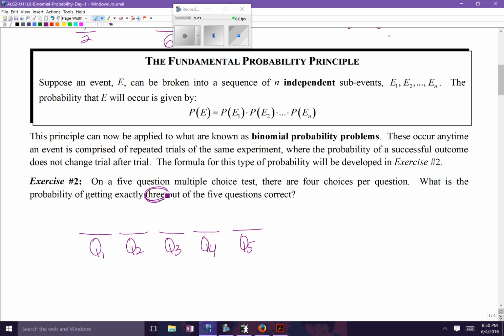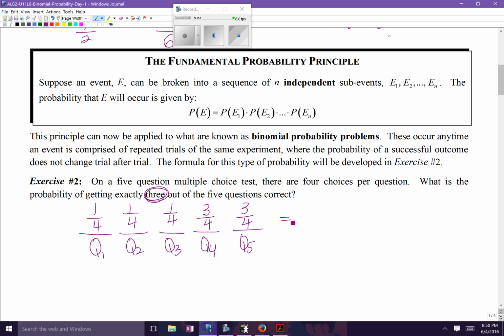Well, the probability of getting a correct answer on a 4-choice question, there's only one correct answer out of 4. 1 out of 4, 1 out of 4. So I got those first 3 questions correct. The next 2 questions I got wrong because the problem asked us to find only getting 3 out of the 5 questions correct. So that means there are 3 wrong answers out of 4 and 3 wrong answers out of 4.